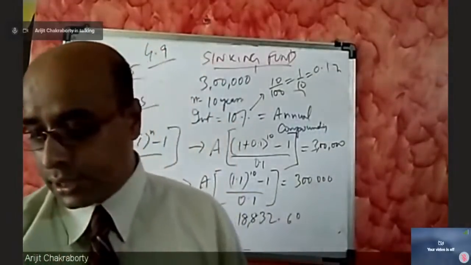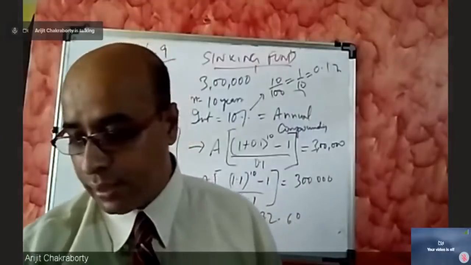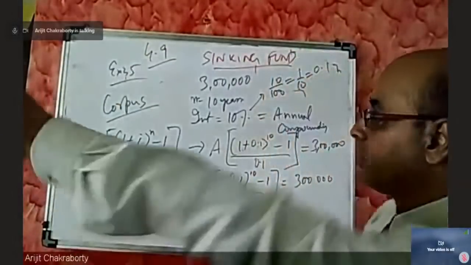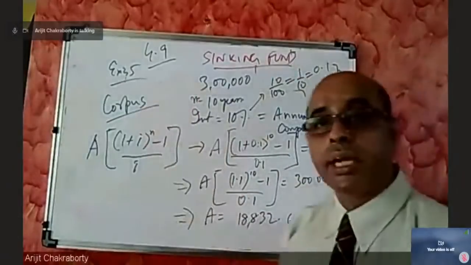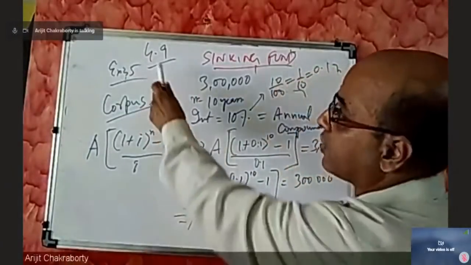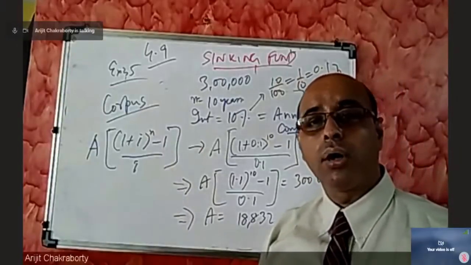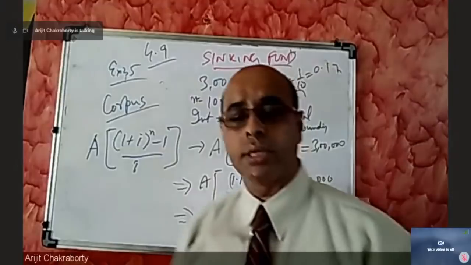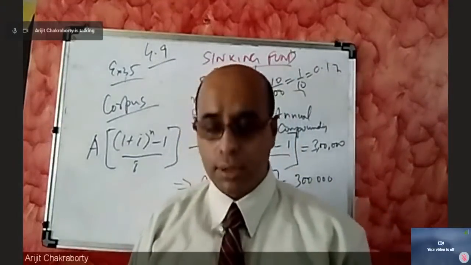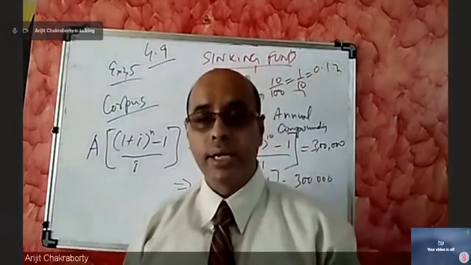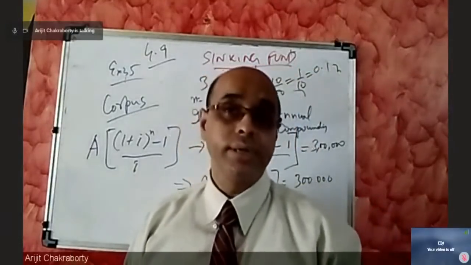Okay. So this is the annuity which we have done, and I'm taking another example from the exam. So this is from the study material, example 35, and the section is 4.9 sinking fund. I'm doing another problem, a past question which came in the CA Foundation exam, and this is regarding the future value of annuity regular.